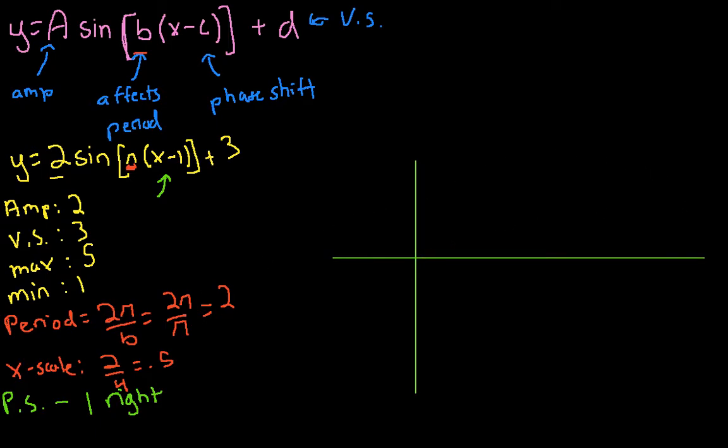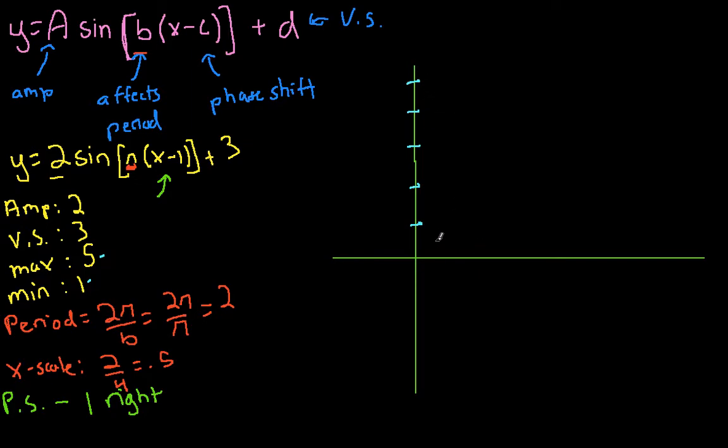Okay. I've drawn it like this for a reason. You'll see that reason as I produce the graph. Okay, so just like before, the first thing you want to do is make your scales. My y scale needs to cover at least from 1, my minimum, to 5, my maximum. So I'm going to write 1, 2, 3, 4, 5. I'm not even going to worry about the negatives in this case because it doesn't need to go down there.